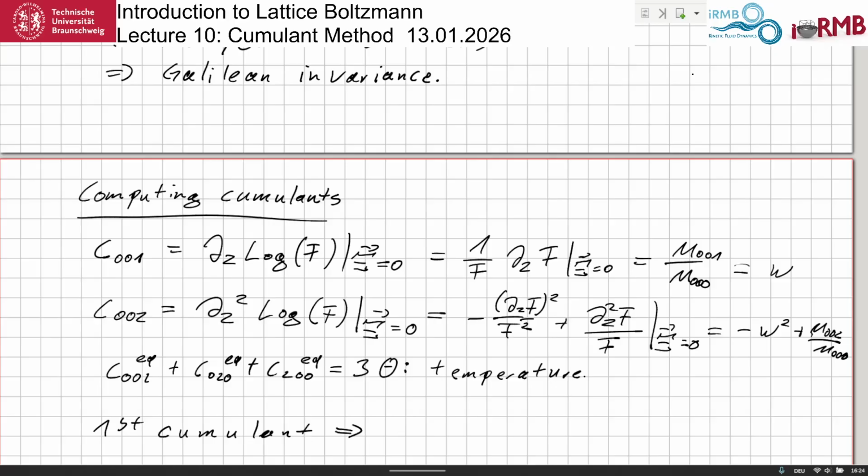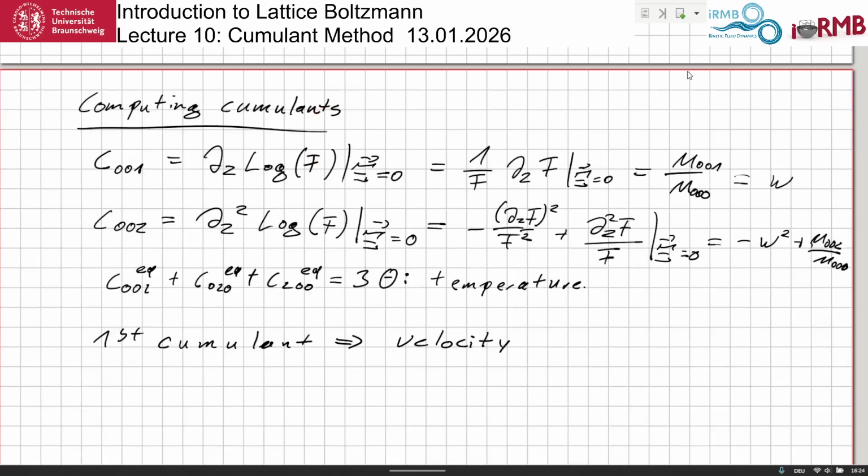The first cumulant is the velocity. You also see these intensive quantities. When moments are extensive quantities, these are intensive quantities. So they are not conserved, because intensive quantities are not conserved.